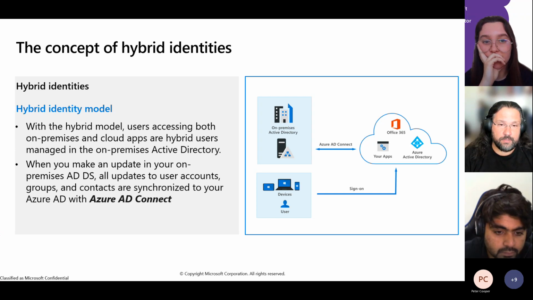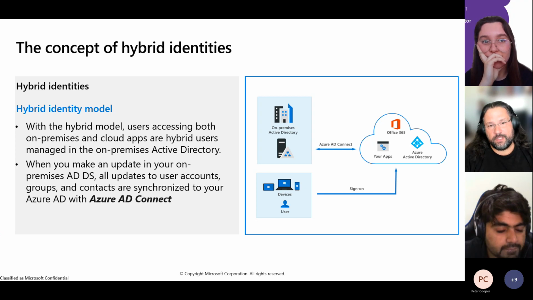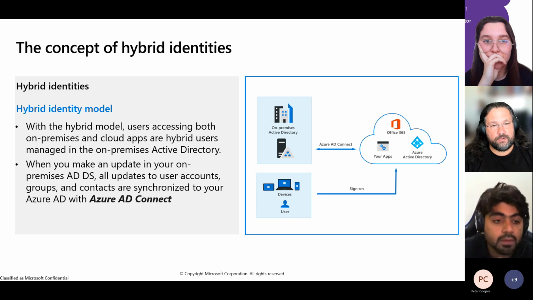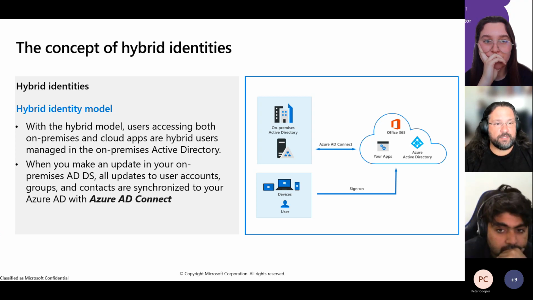They are two discrete accounts, but they synchronize the changes from one to the other. And depending on how you've set it up, you can have it so that it synchronizes changes from the cloud back to your on-premises Active Directory as well. So for all intents and purposes, it's a single user account, and that's why it's considered hybrid.